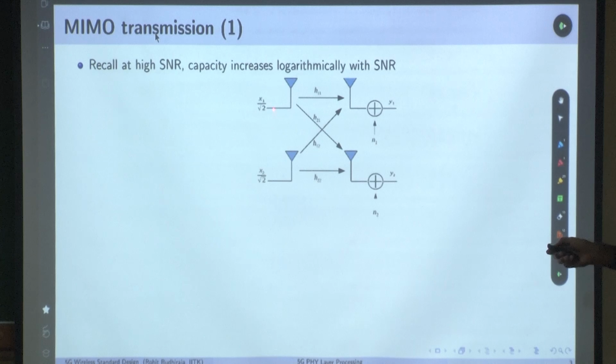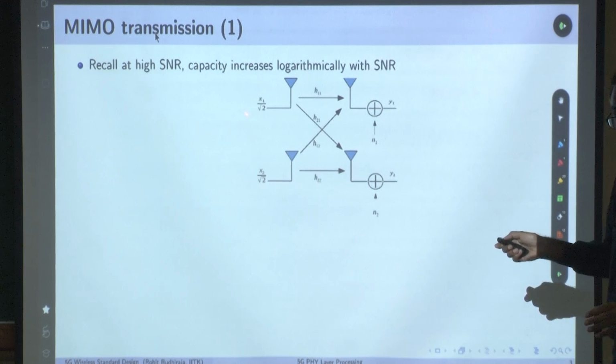What happens if there are multiple transmit and multiple receive antennas? You immediately see what I am doing here. Instead of transmitting x and x from both these antennas, I am transmitting x1 from the first antenna and x2 from the second antenna, two different symbols.